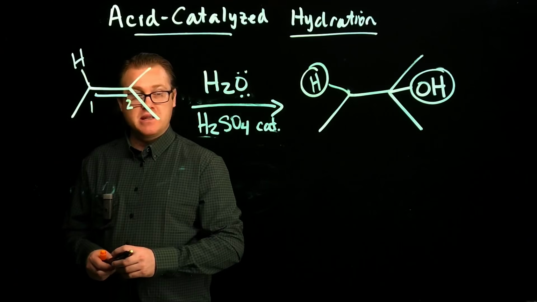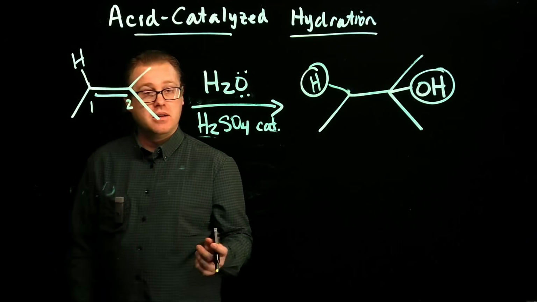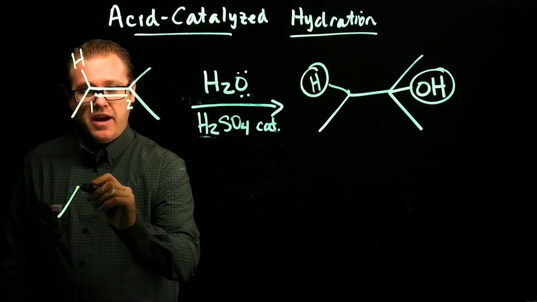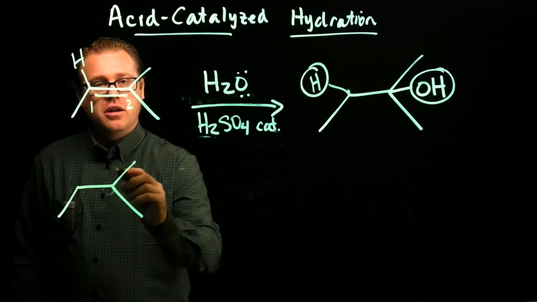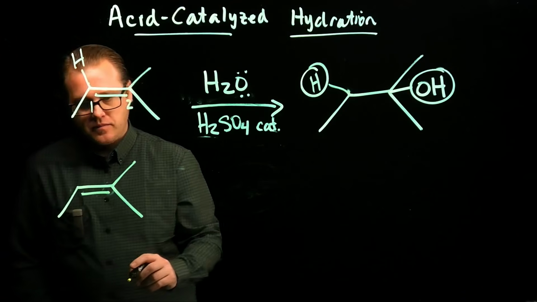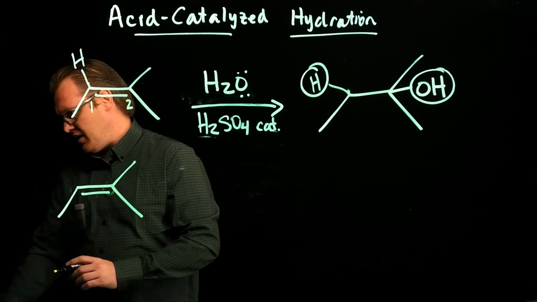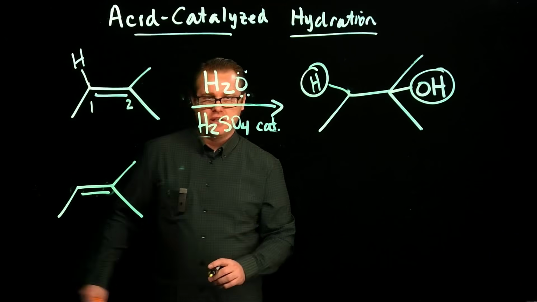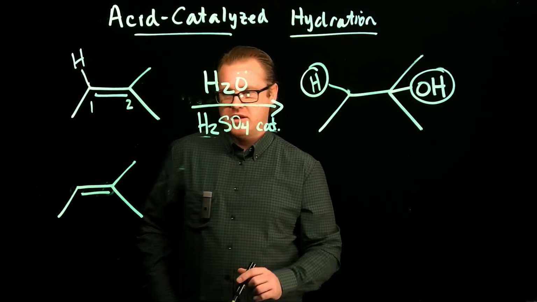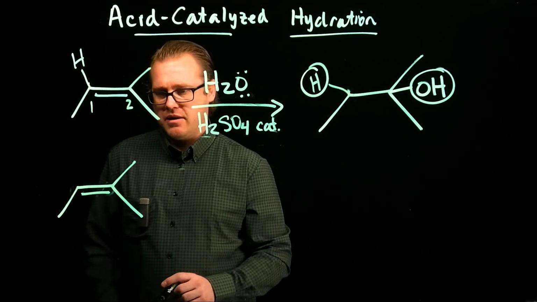Well, it all comes down to the mechanism. So the mechanism is very similar to, what was the last reaction we did? We did the hydrohalogenation, yeah. The mechanism is very similar to the hydrohalogenation.